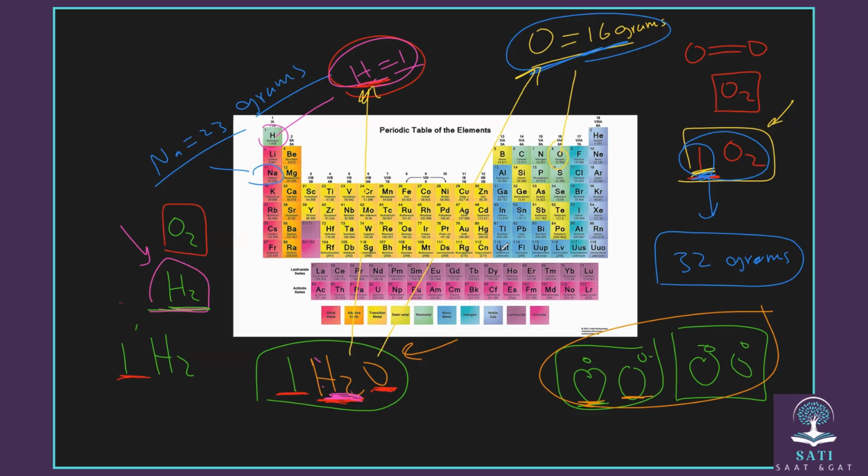Its molar mass is 2. What about oxygen? It is 16. Add these masses and you get 18. So this 18 is the molar mass of the whole compound, H2O.